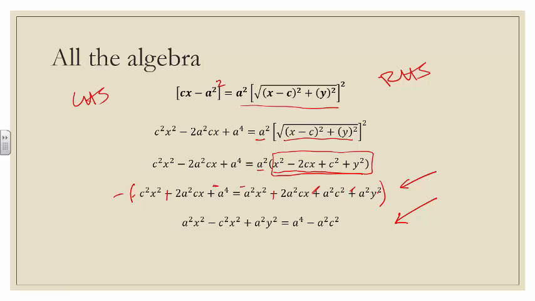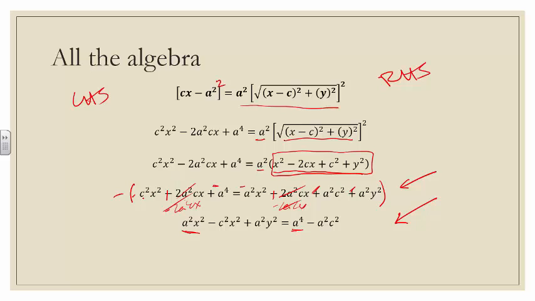We then begin to manipulate some of the terms, starting with 2a squared cx. We can cancel that out by subtracting it from both sides. So minus 2a squared cx minus 2a squared cx, those terms disappear. We'll move the a to the fourth to the right-hand side by adding it, and we see that a to the fourth appears here. We will move a squared x squared from the right to the left by adding it, and that appears here.